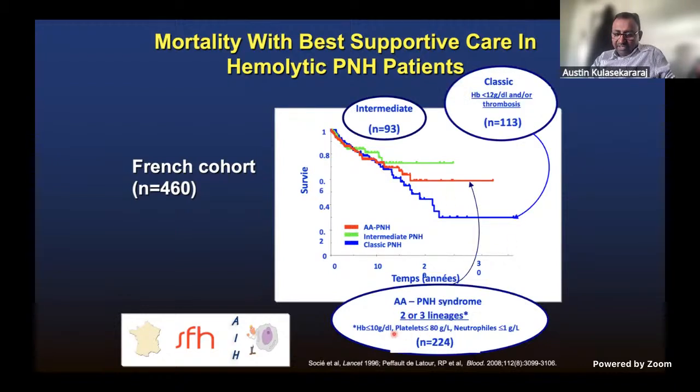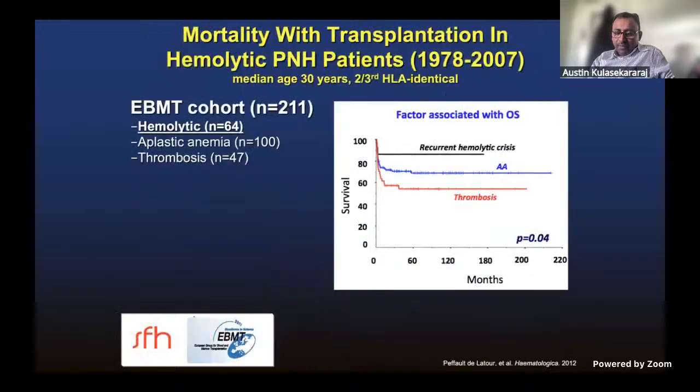If you have AA PNH, they're anemic, thrombocytopenic, and have neutrophils less than 1. So that cohort of patients who had thrombosis, unfortunately, after transplantation, had a very poor outcome. While when you look at those patients who had isolated hemolysis and you did not have anticomplement therapy, these patients had a better response to treatment in this setting as well.